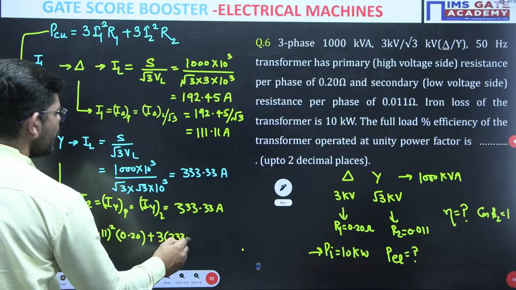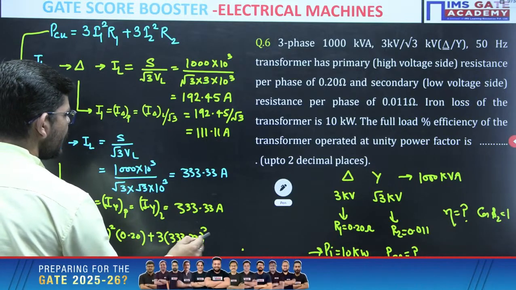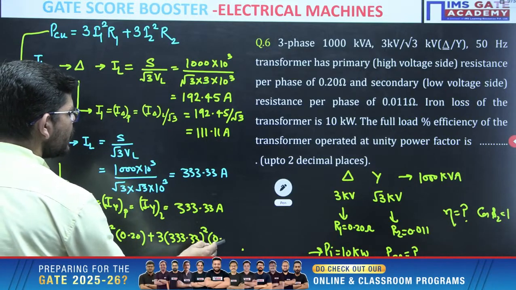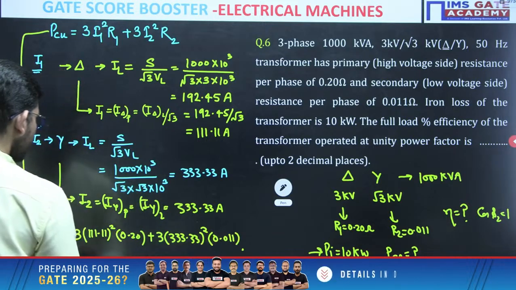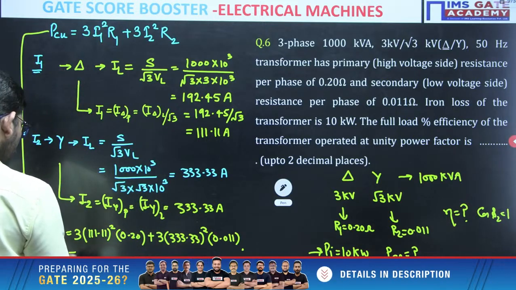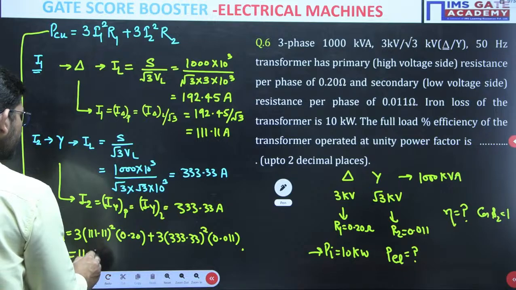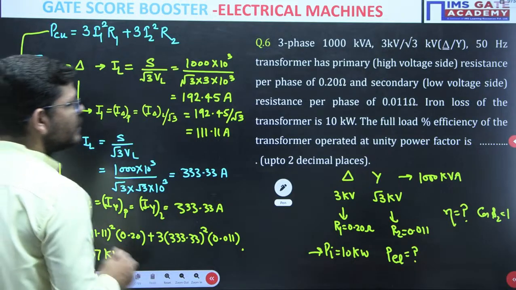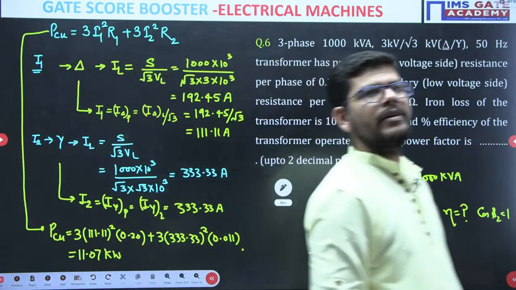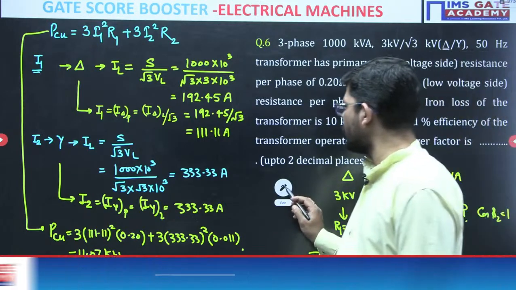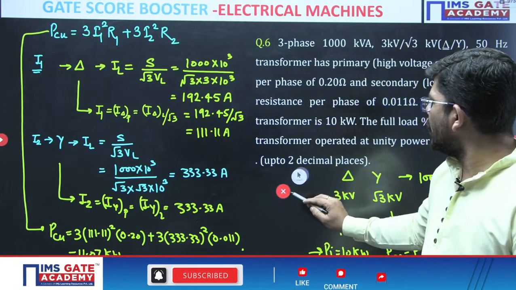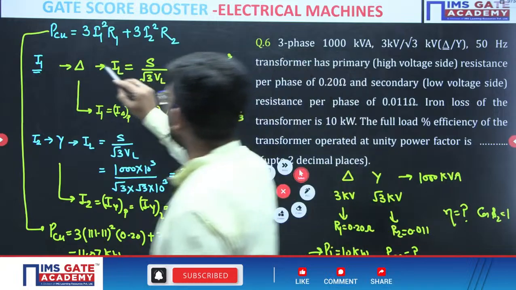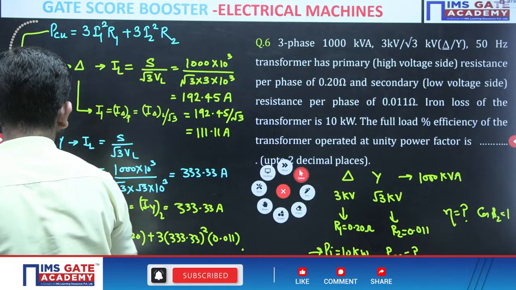I2 is this much of current and R2 is 0.011, right. Now once you calculate, the copper losses are coming 11.07 kilowatt. The answer that I have got is 11.07 for the copper losses. So have a look. Now we have calculated the copper losses. So half the job is done.